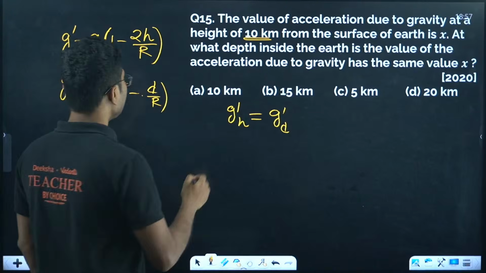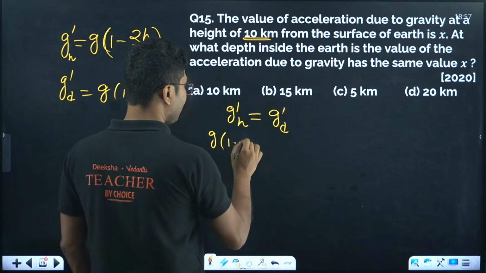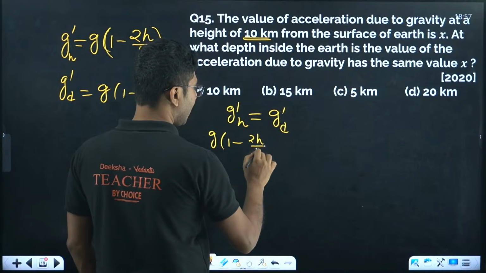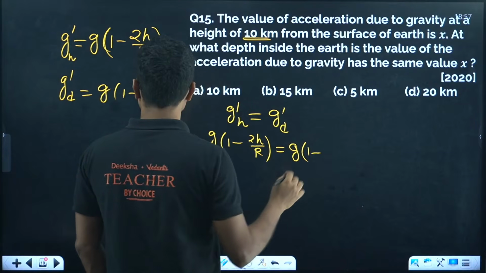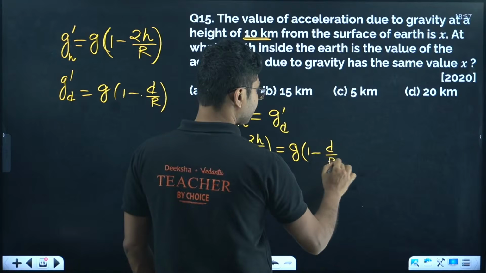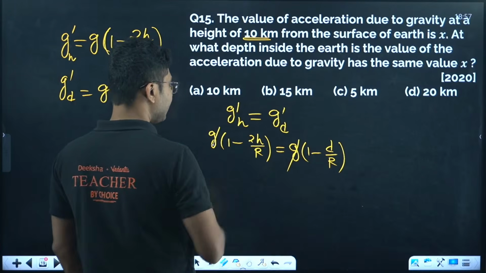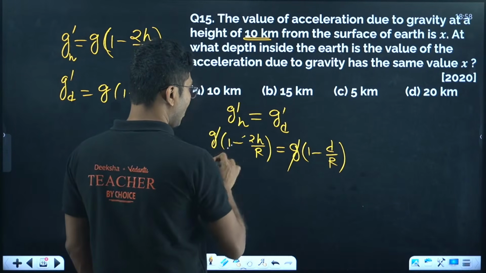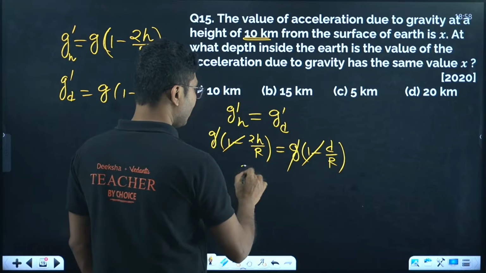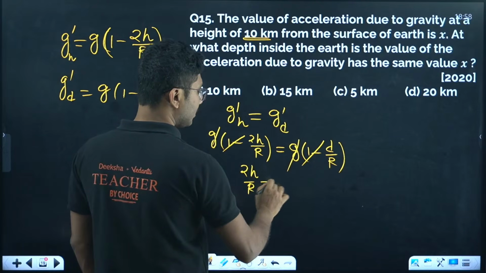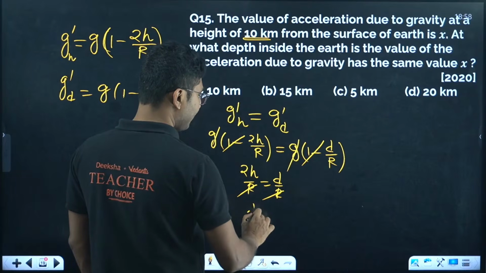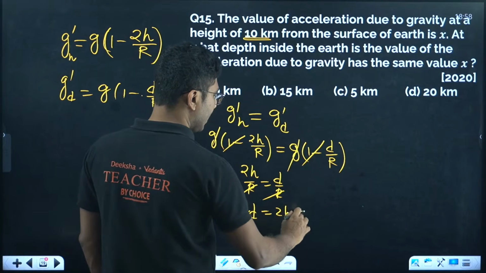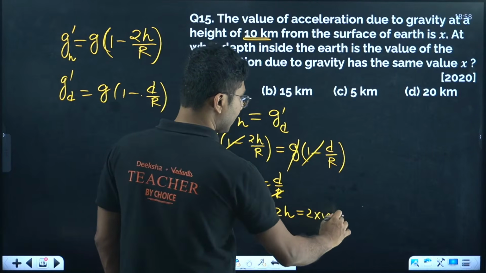That is g into 1 minus 2h upon r equals g into 1 minus d upon r. So g cancels and 1 minus cancel, you get 2h upon r equals d upon r, r cancels, you get the depth equals 2h, that is 2 into 10 kilometers, that is 20.